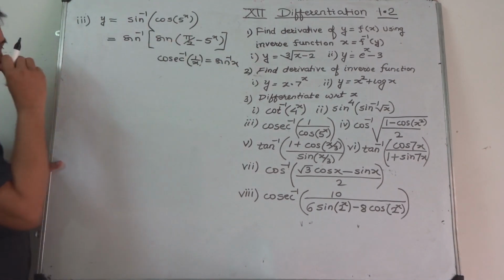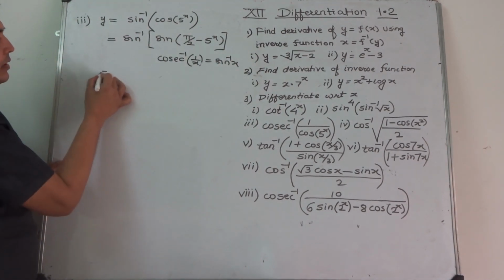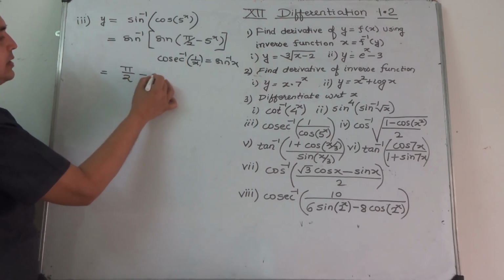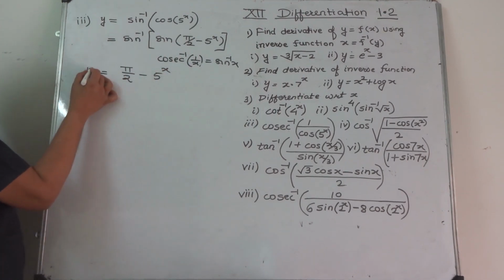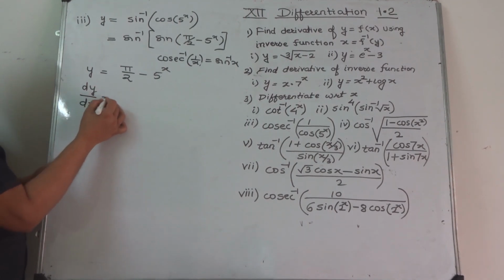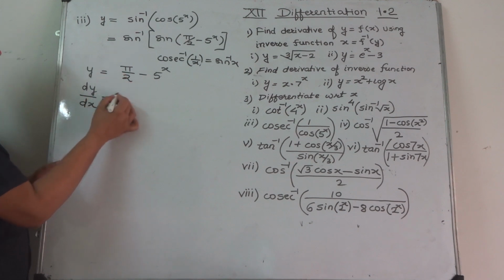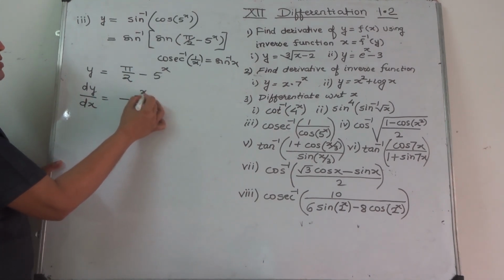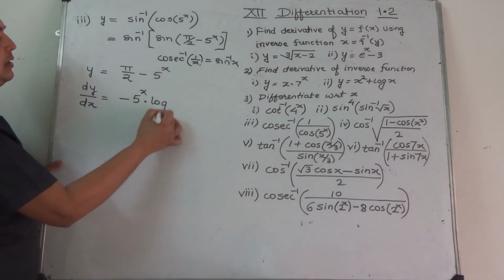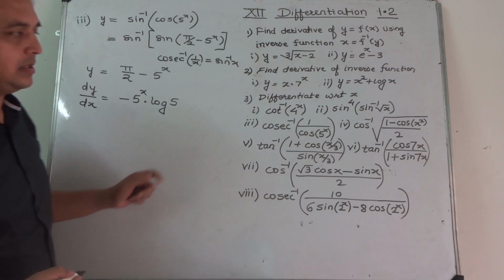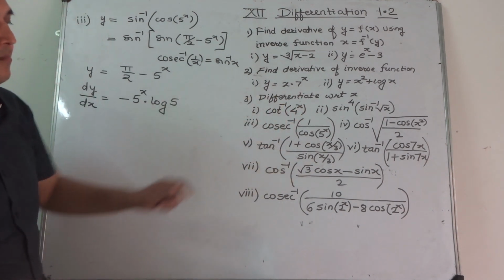Sine of 90 minus theta is cos theta. Now this sine inverse sine will get cancelled and we get pi by 2 minus 5 raised to x. This is y. Now we differentiate with respect to x. Constant pi by 2 derivative 0 minus derivative of 5 raised to x is 5 raised to x log 5. Clear? So let us solve question number 4 now.